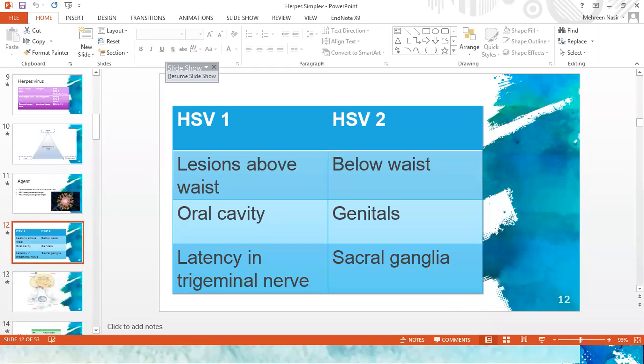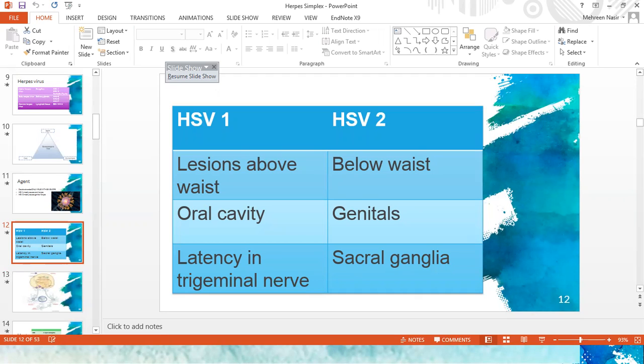Comparing both of these viruses, herpes simplex virus 1 causes lesions above the waist mostly, but it can also cause lesions below the waist. And herpes simplex virus 2 causes mostly lesions below the waist, but it can also cause lesions above the waist.